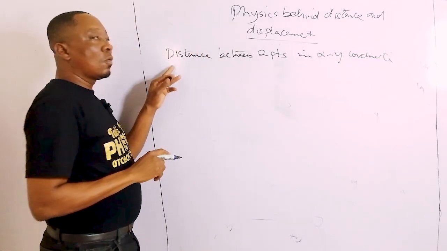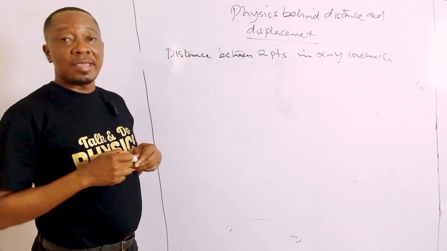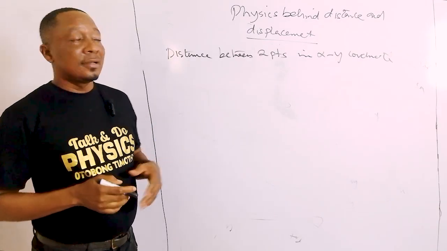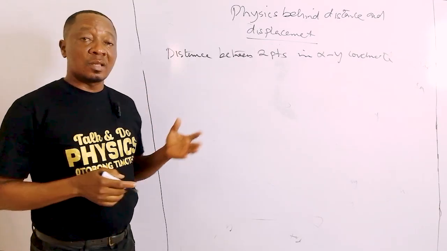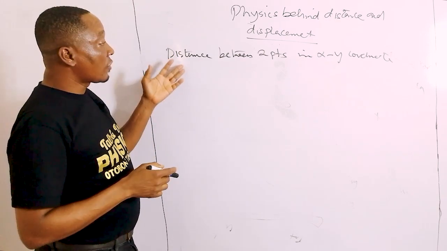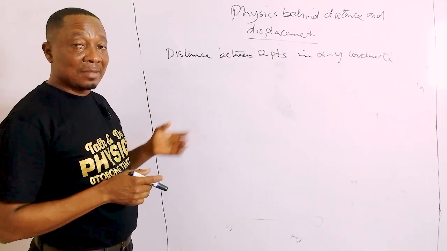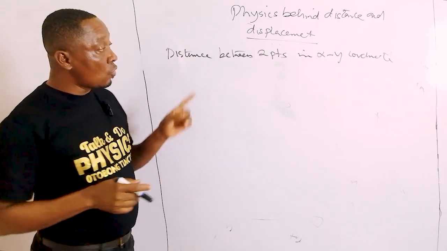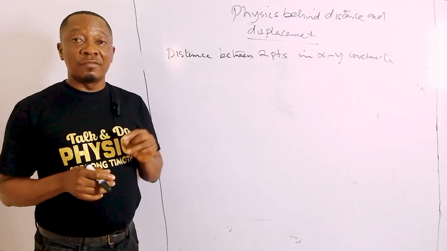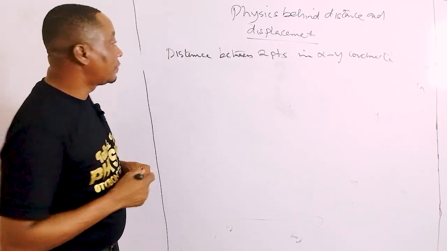This is one of the questions WAEC normally asks. This is one of the questions they normally ask in JAM. This is one of the questions they normally ask in SAT examination and other national examinations. So I'm going to leverage a question from one of the national examinations.